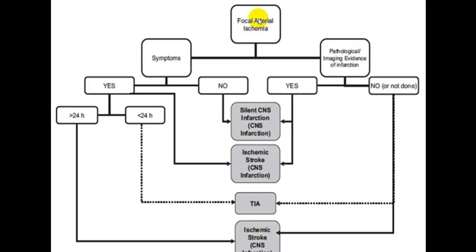Any person who comes with a focal arterial ischemia, whether it is symptomatic, if the answer is yes, more than 24 hours, look for ischemic stroke. If it is less than 24 hours, look for TIA. If the answer is no, then it can be silent CNS infarcts.